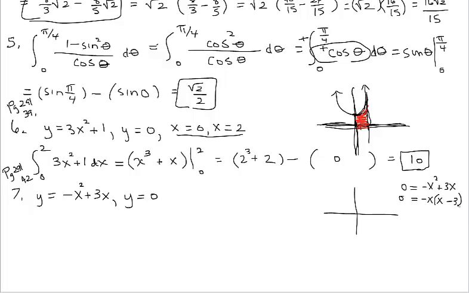Do I get back to what I had up here? I do. So either negative x equals 0, which means x equals 0, or from this factor, x equals 3. So those are your x-intercepts, 0 and 3. So 0, 1, 2, 3, and 3. And you know it's a downward opening parabola with 2 x-intercepts, so it must look something like this.